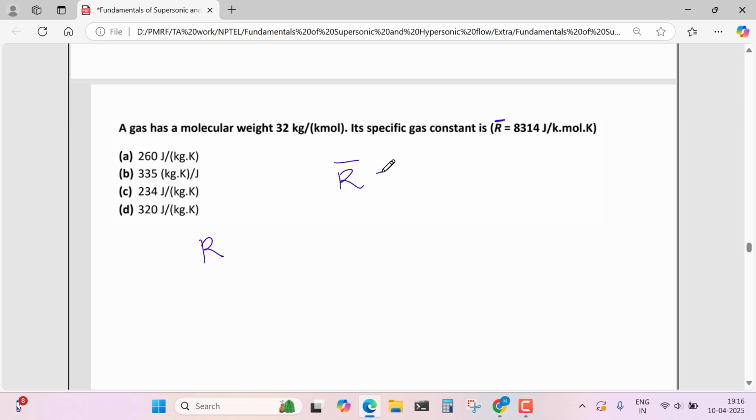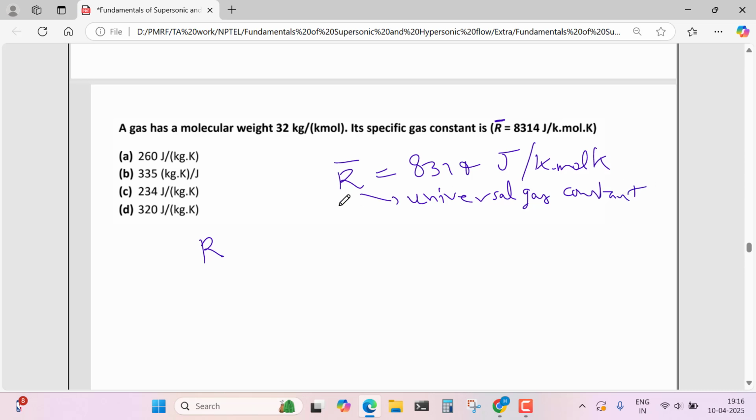R bar equal to 8314 joule per kilomole Kelvin. This is the universal gas constant.